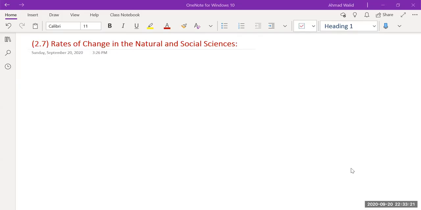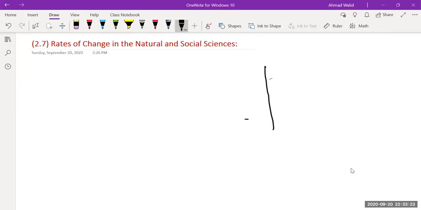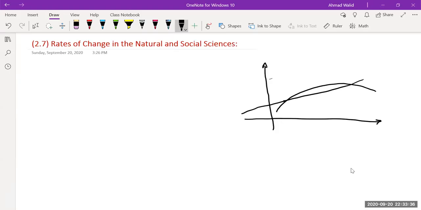Let me go a little bit back to the beginning of this chapter, when I graphed a curve for you like this. For example, I have a curve and I draw a secant line which intersects the curve in 2 points. Let's name this point x1 and here let's name it x2.